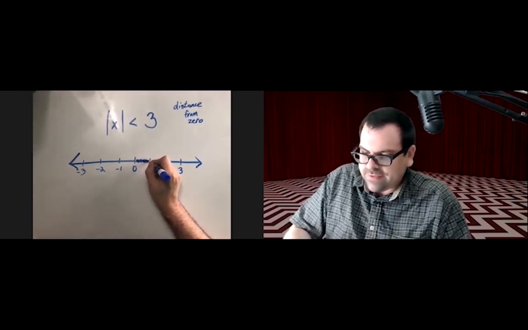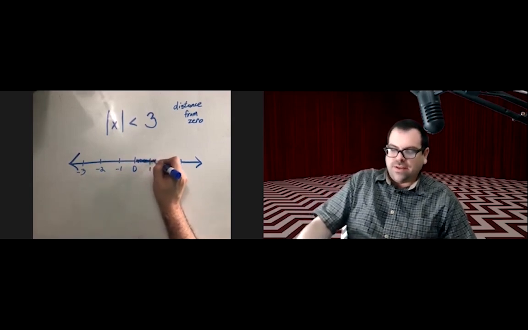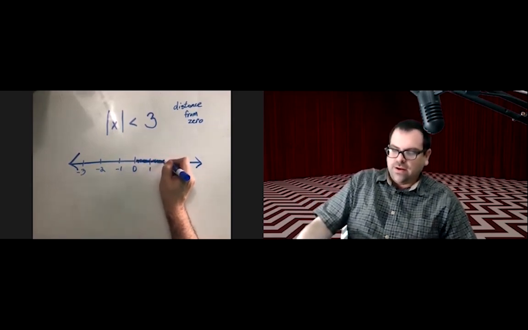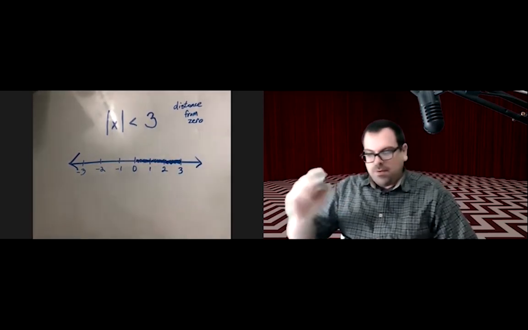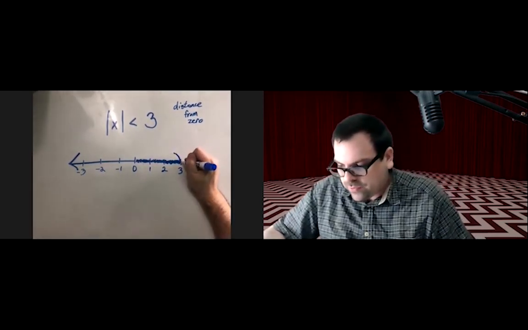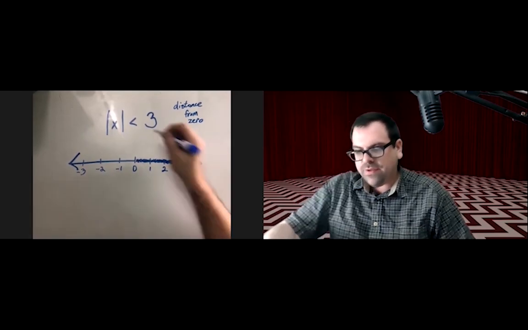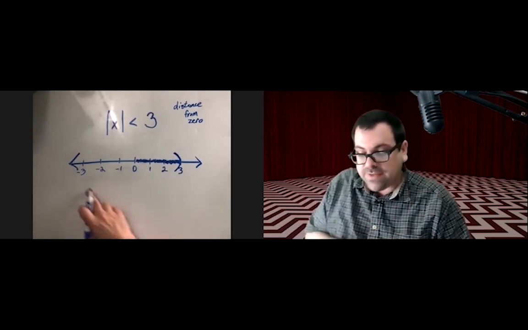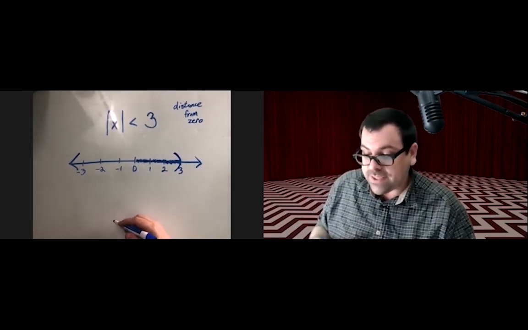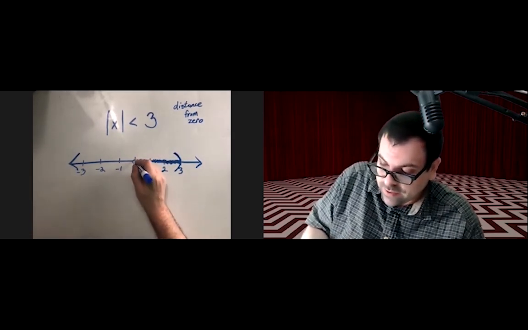All that stuff, that's like less than 1 away. And now all this stuff is less than 2 away. And all this stuff is less than 3 away. But we don't want to include the 3 because we don't have the or equal to. On the negative side, how much stuff is less than 3 away from 0?